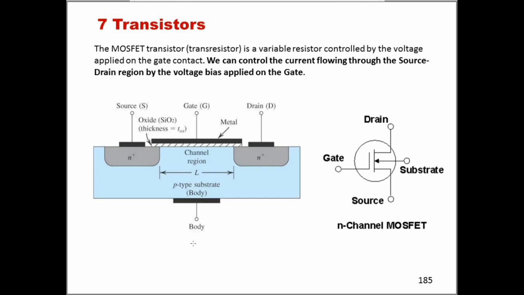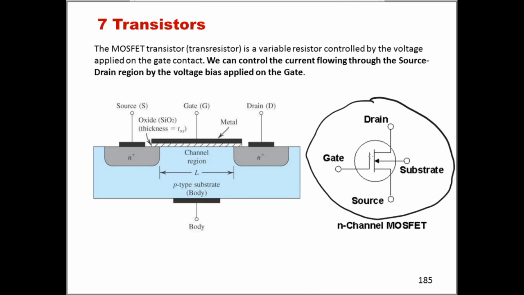But the main idea behind this device is that we can control the current passing through the channel by changing the potential, the bias applied on the gate. So this here is the symbol we use to represent the MOSFET in a circuit.